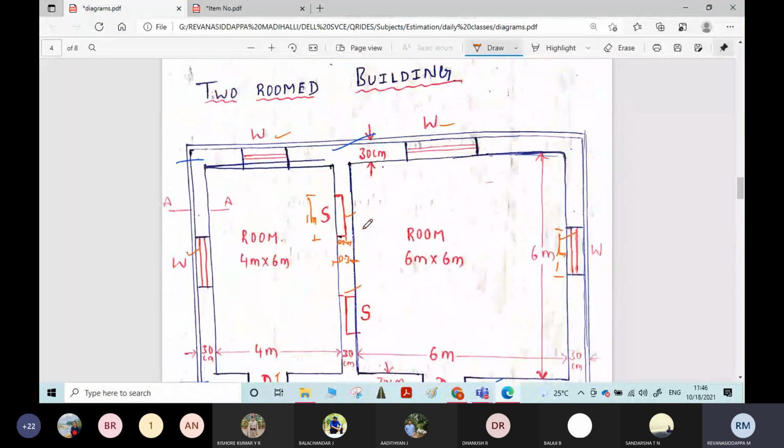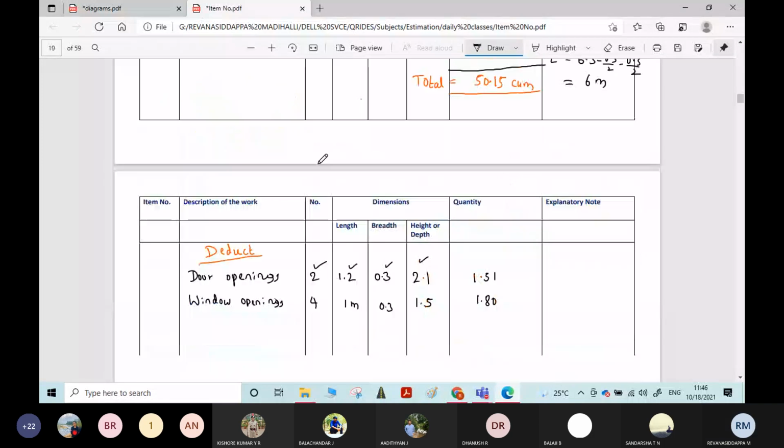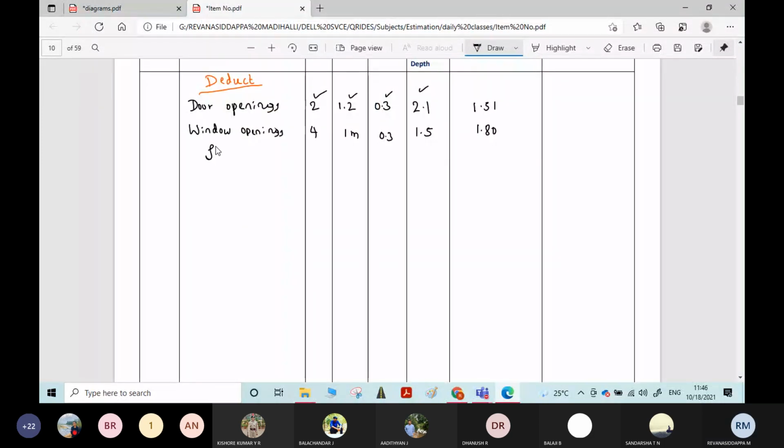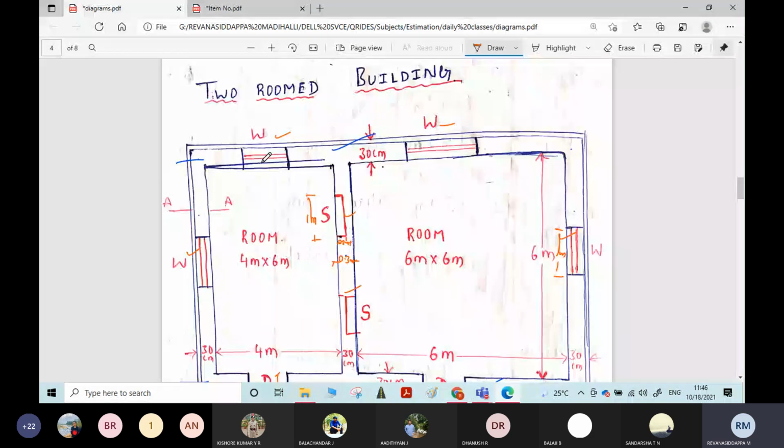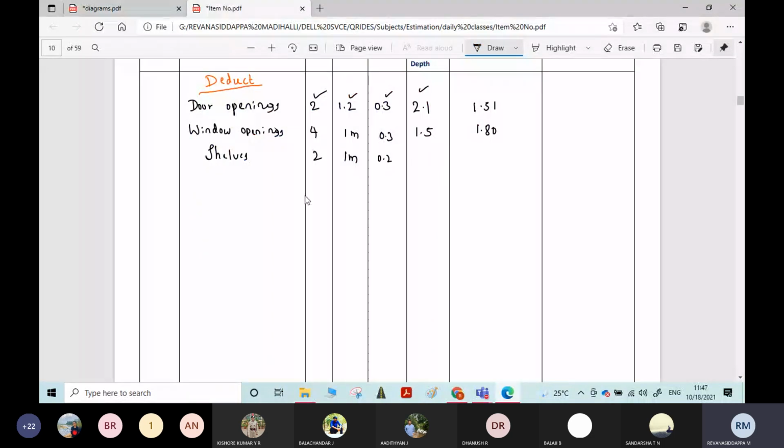Two shelves are provided. The length of the shelf is 1 meter and the thickness is 0.2, not 0.3. Some part of the thickness is left there. Thickness 0.2 we have assumed, and depth is 1.5 meter.